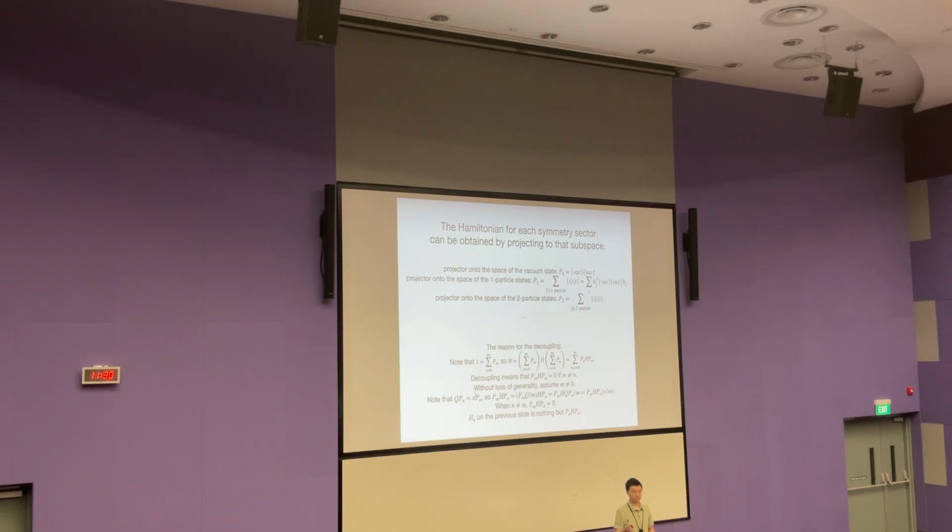Also, P1 is not 1 in the entire Fock space. It's 1 in the one particle state space. As usual, a projector is nothing but an identity in some subspace and 0 in the orthogonal subspace.